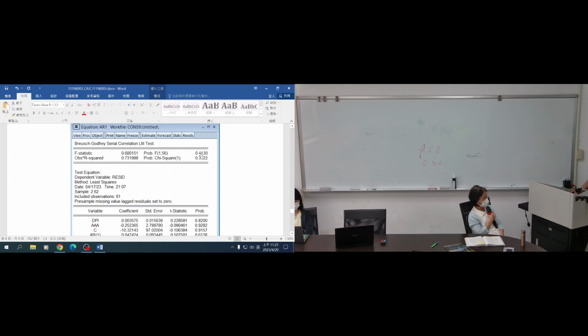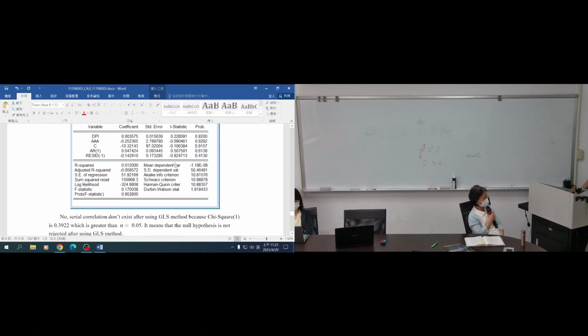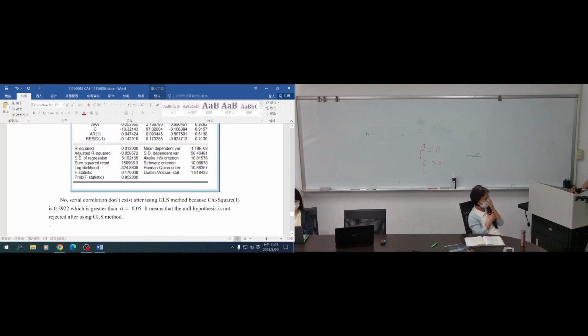It's actually greater than 5%. So we do not reject the null hypothesis. That means the serial correlation doesn't exist after using the GLS method.